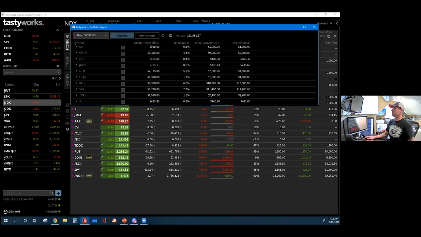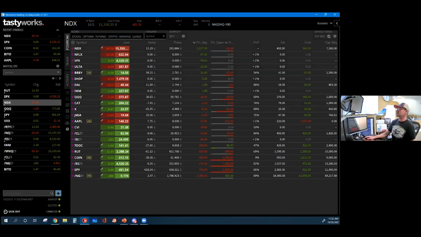Let me refresh my cap requirements on that. That was about a $7,500 trade, bringing in about 350, roughly about a 5% potential if we got a full capture on that. Obviously, it remains to be seen if that's going to happen or not, but we're in and running on it now.